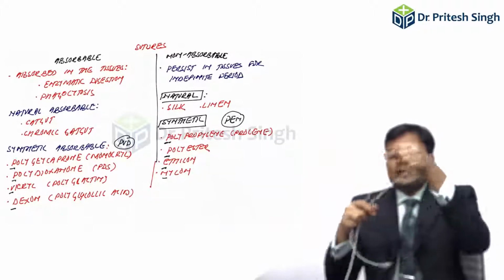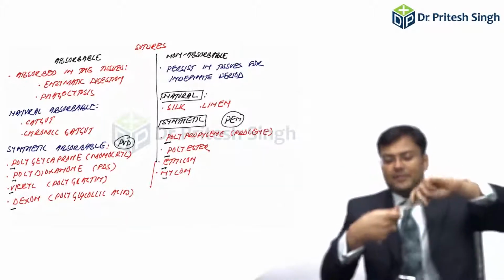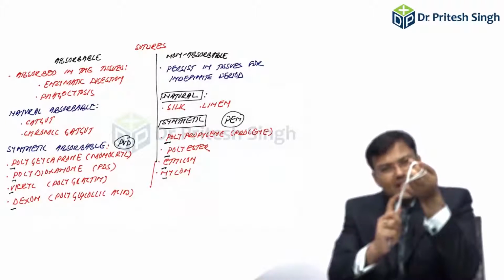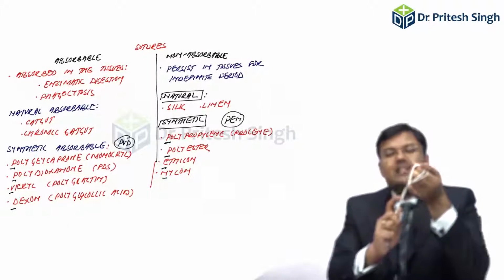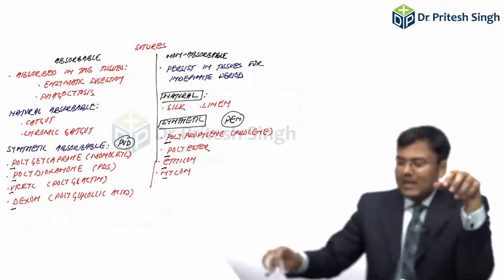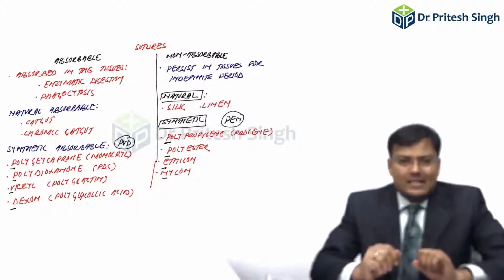Now, what do you mean by polyfilament? Can you see? Multiple strands are braided together. When the multiple strands are braided together, there is space between the individual filaments, and that is known as crevices. In those crevices, bacteria can lodge, and that's why there is an increased risk of infection.